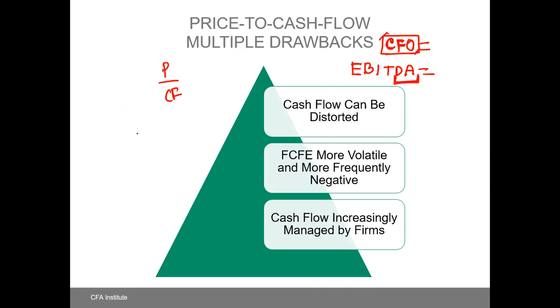Because we consider the changes in net working capital or investment in net working capital and investment in capital expenditure, which is likely to be ignored here in this part. So that's why the free cash flow to firm or free cash flow to equity is more reliable compared to these definitions of the cash flow.